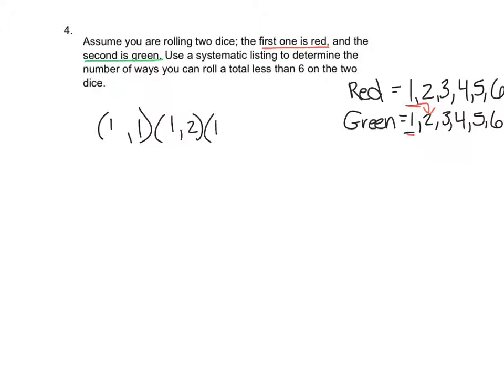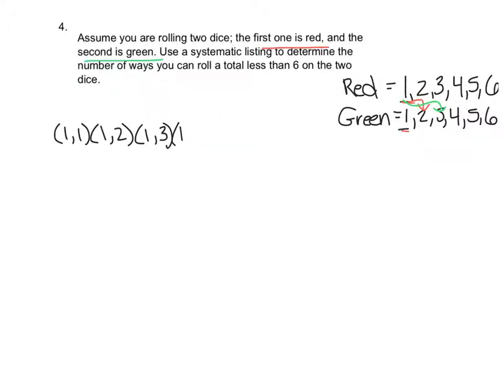Next, if I rolled a 1 for the red, I could get a 3 on green, a 4 on green, a 5 on green, and then a 6 on green. So those are all my outcomes for rolling a 1 on the red die.